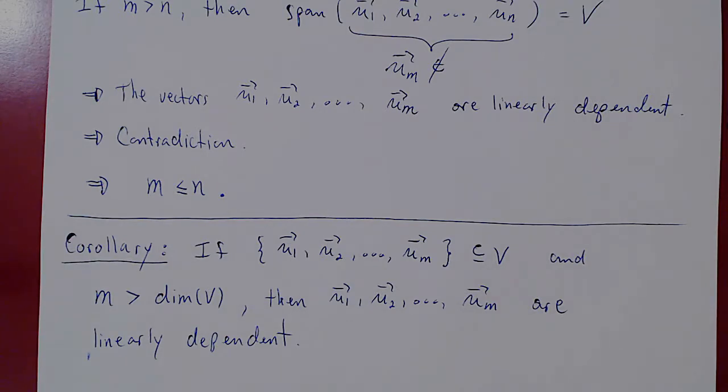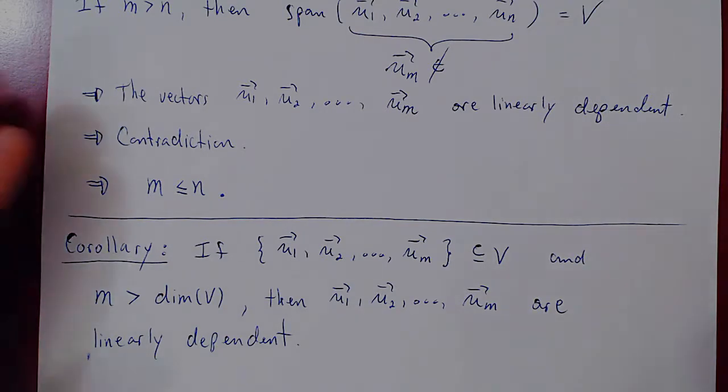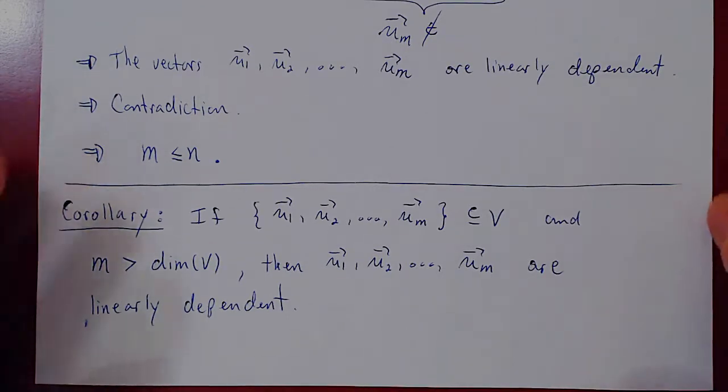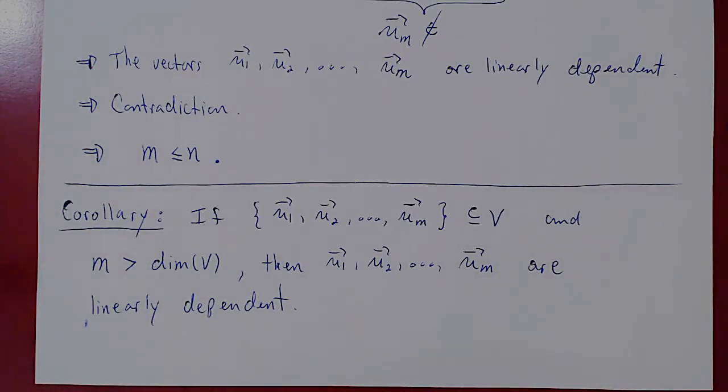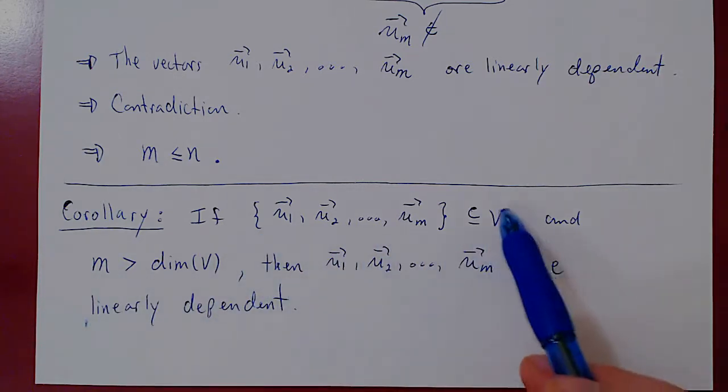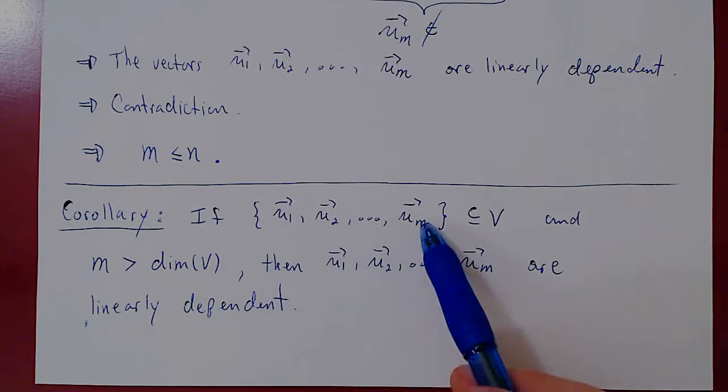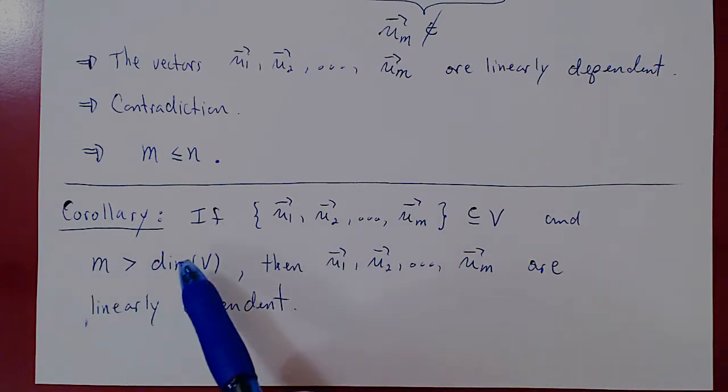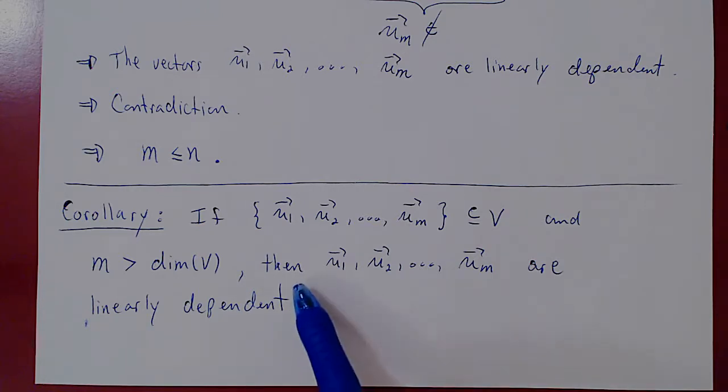And why is this useful? Well, think of it. Sometimes the question will be to decide whether or not vectors are linearly dependent or independent. If you ever have vectors in a vector space, and you have more vectors than the dimension of the space, you do not have to do anything.